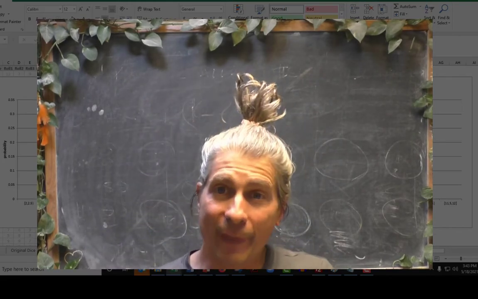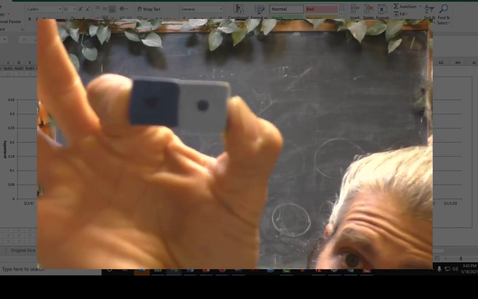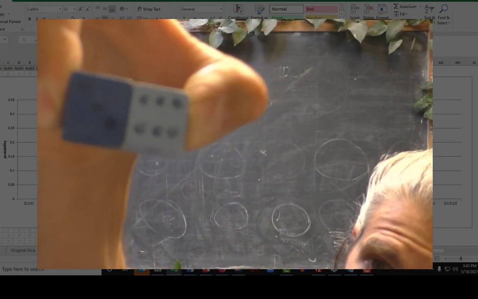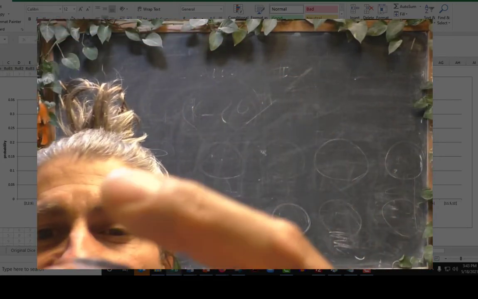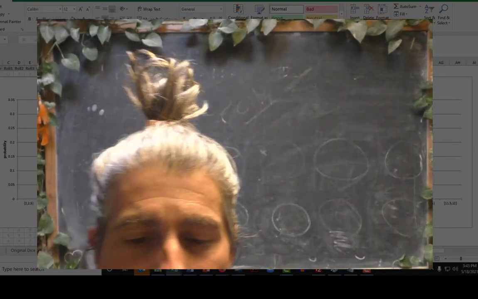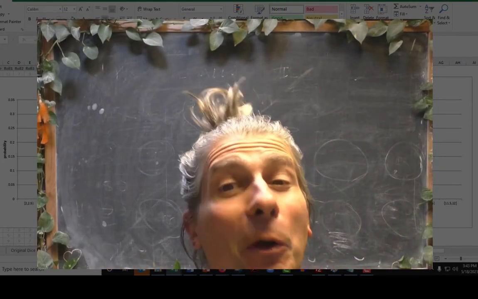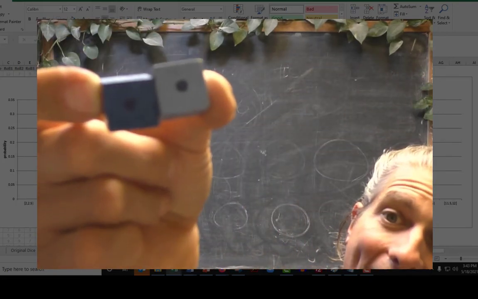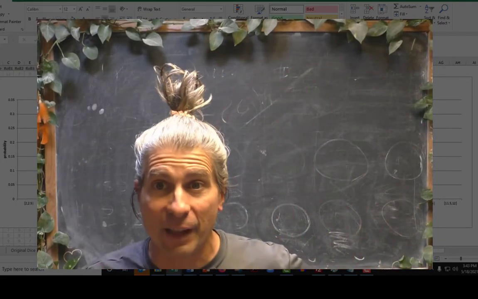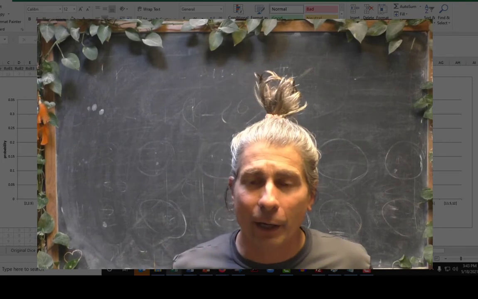For example, that's the only way you can get snake eyes on these dice, because there's so many other 5s and 6s and 3s and stuff like that. So to hit snake eyes once on this pair of dice happens 1 out of 36 times. That's 3% of the time. Okay, that's pretty rare.